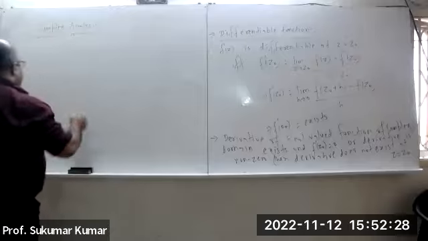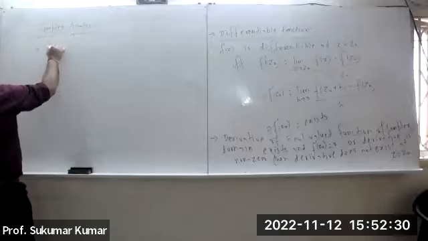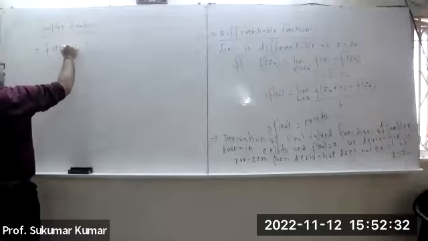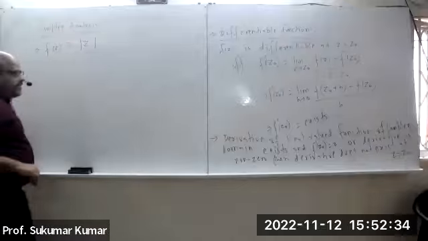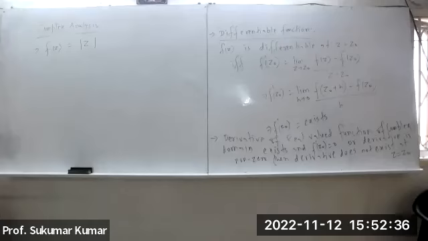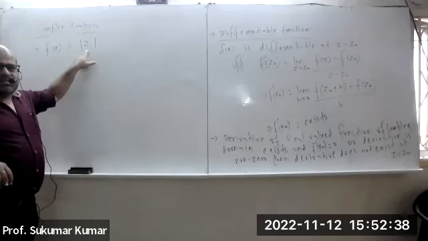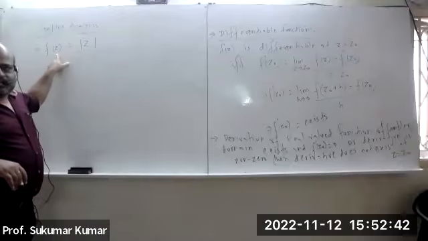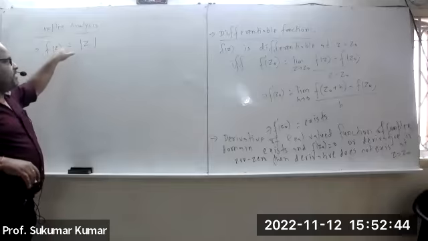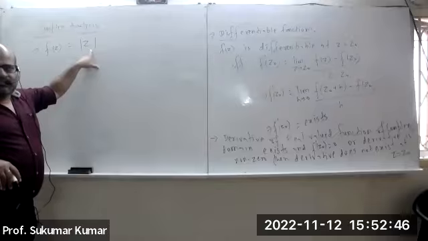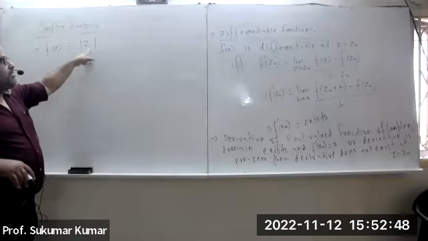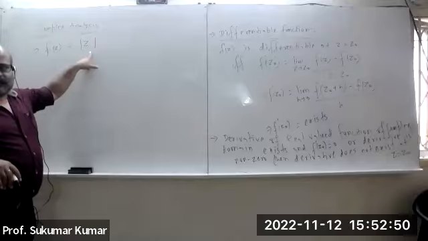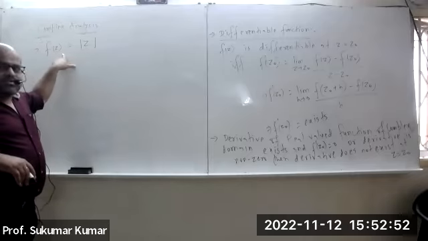Suppose I choose the real valued function f of z equal to modulus of z. Modulus of z means, with z equal to x plus iy, the square root of x square plus y square. Any z is in a complex domain, but the range will be real, a subset of R. So this is called a real valued function of a complex domain.